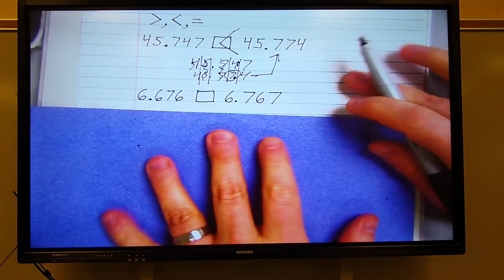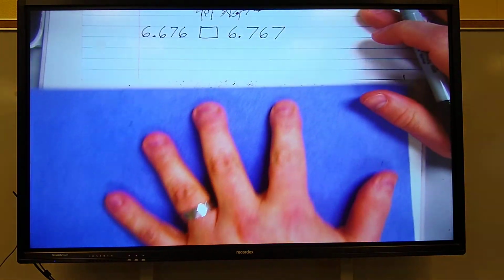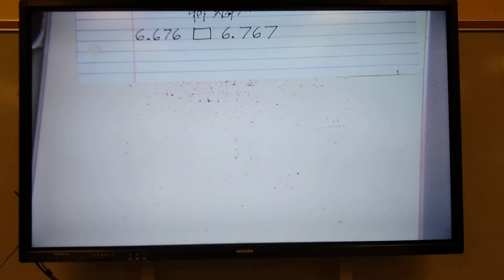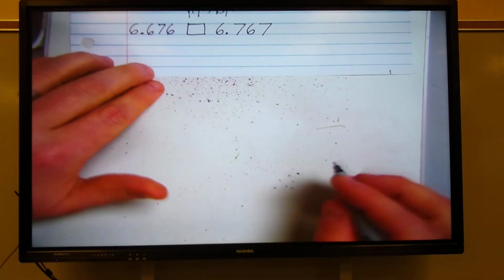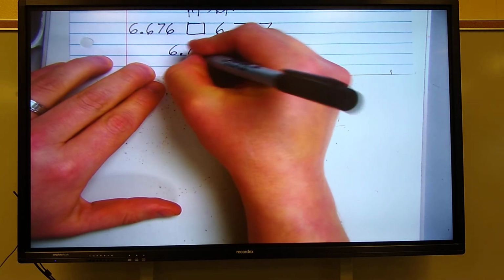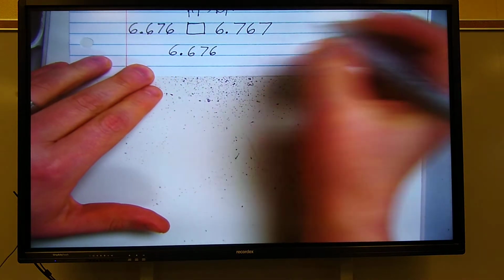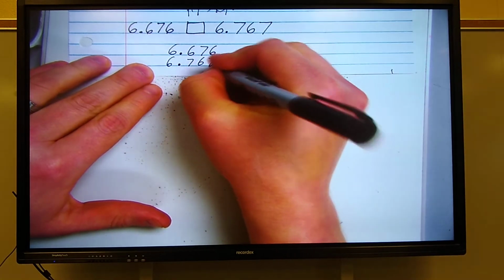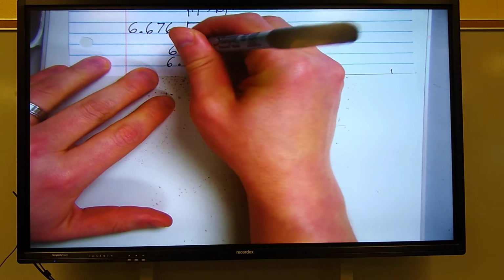The next one. Show your work. Pause the video. All right, let's see how good you did. First thing you do is line them up. 6 and 676 thousandths. 6 and 767 thousandths. Make sure the decimal is lined up.